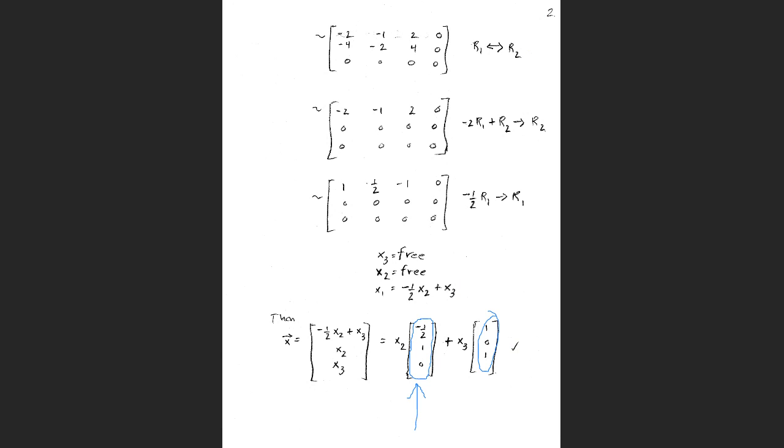What would you recommend? What's a better eigenvector than negative half, 1, 0?